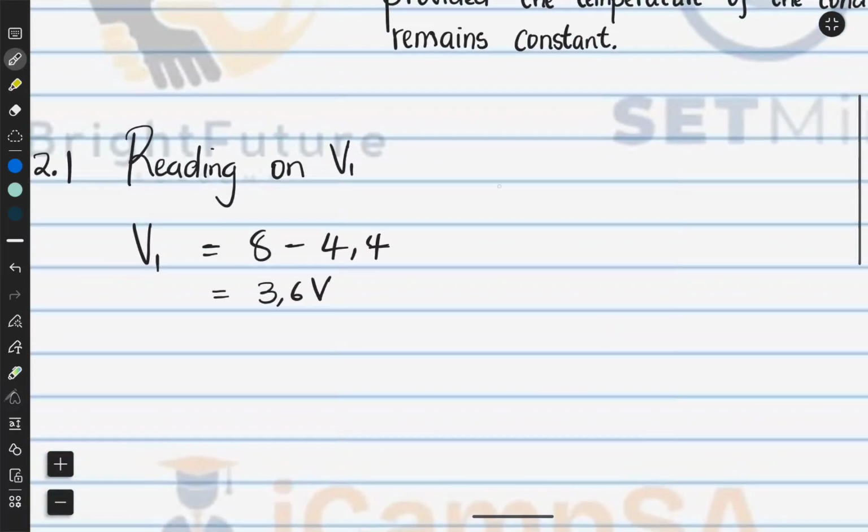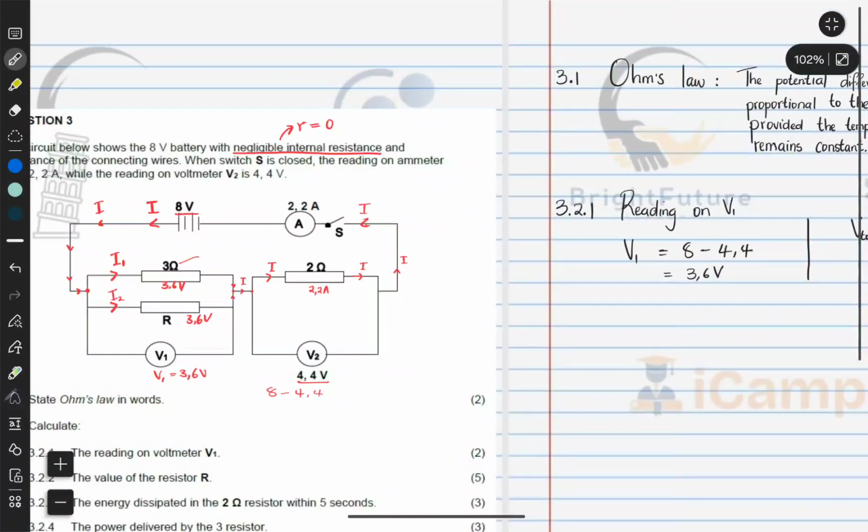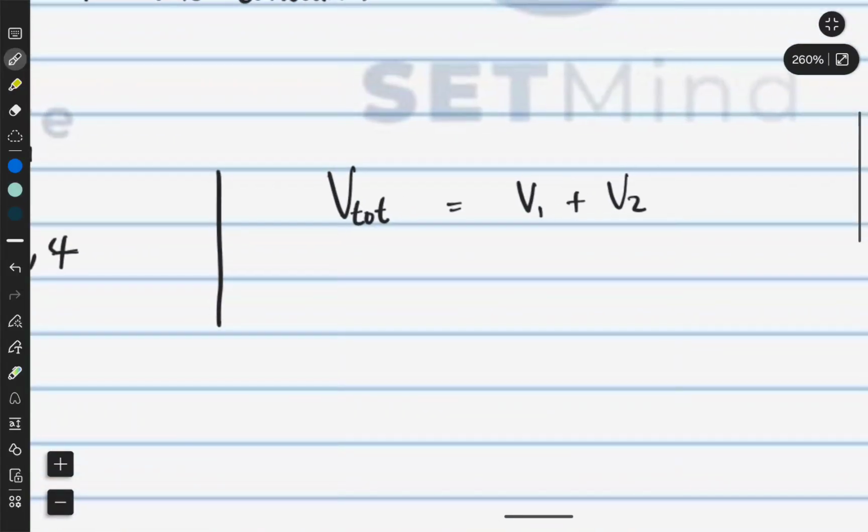Or if you want to take it step by step, you would say the V total is V1 plus V2, because clearly V1 measures the parallel combination and V2 measures the series connection. So if we add those two, we get our total voltage, and we already know the total.